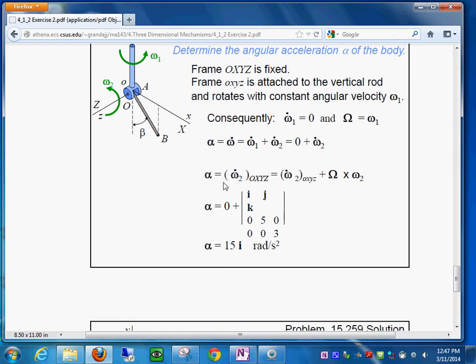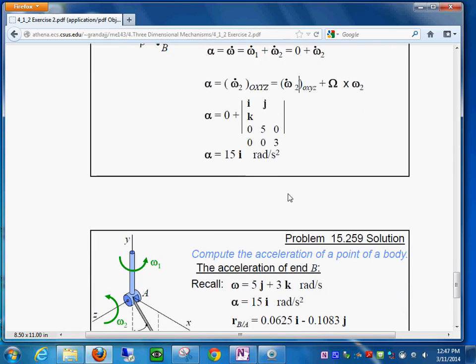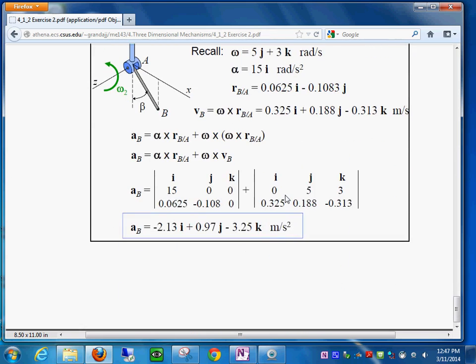So we'll apply here that alpha is omega 2 dot plus omega 1 cross omega 2. With these matrices we can calculate the acceleration.